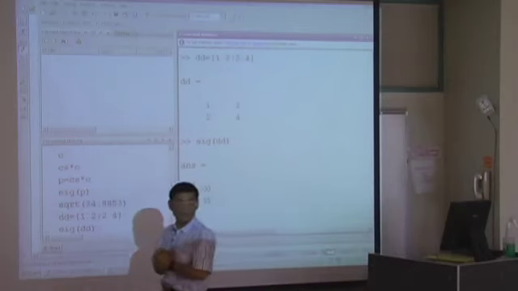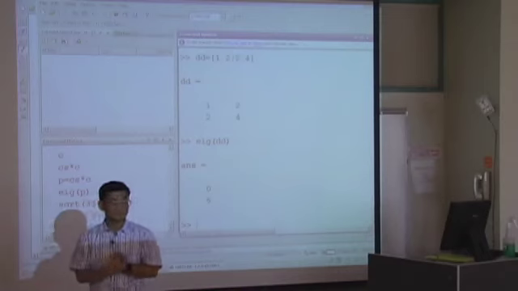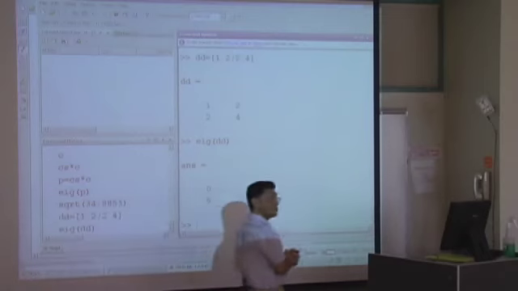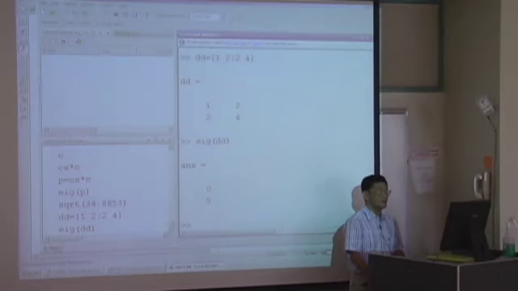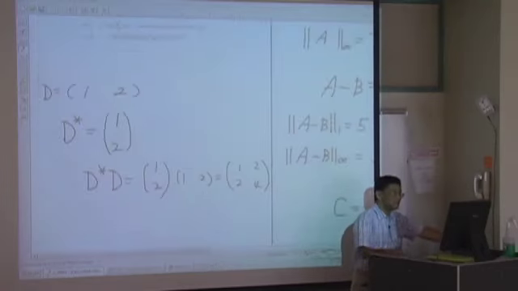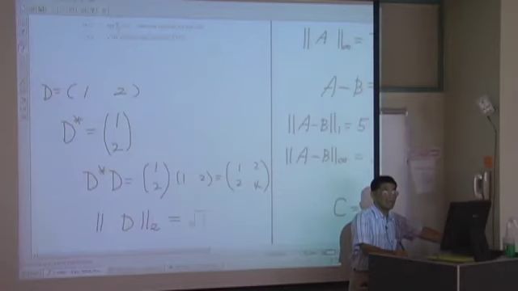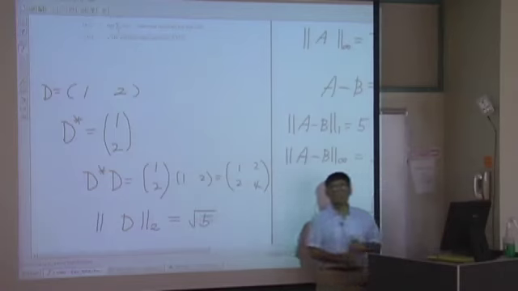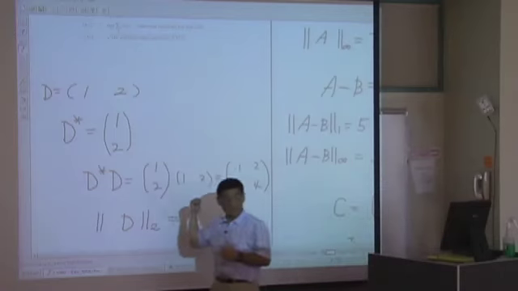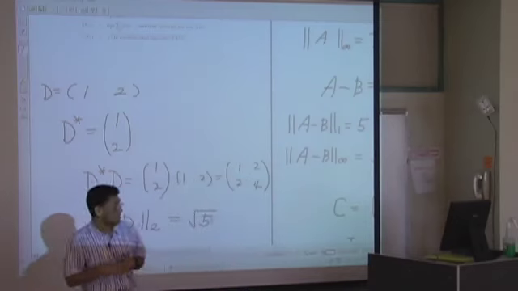What is bigger of the two? 5. So we take the square root of this bigger number. So the length, or 2 norm, of this D matrix is square root of 5. Do you follow me or not? So this is the way to find the norm.